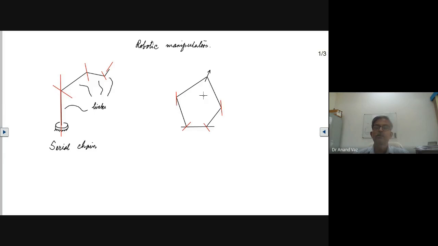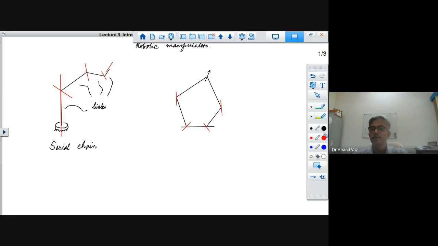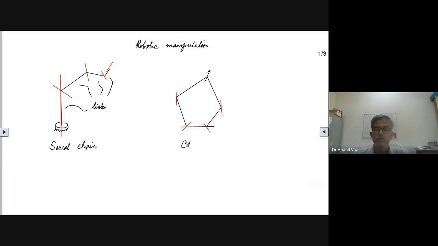So this configuration of manipulators is a parallel manipulator or a closed chain manipulator.